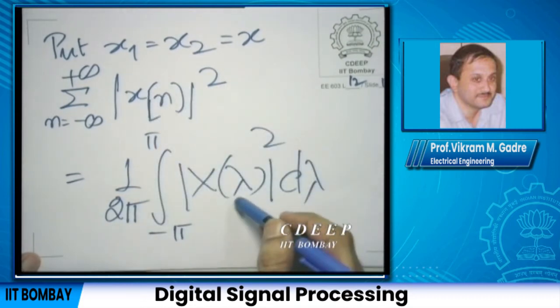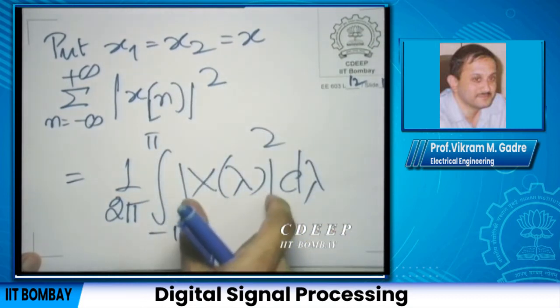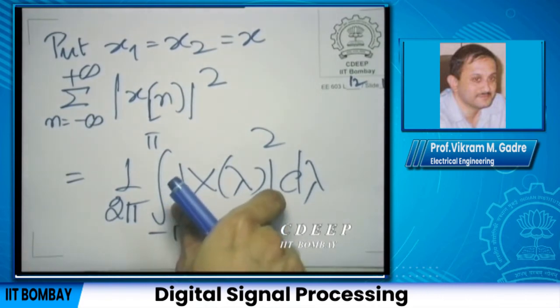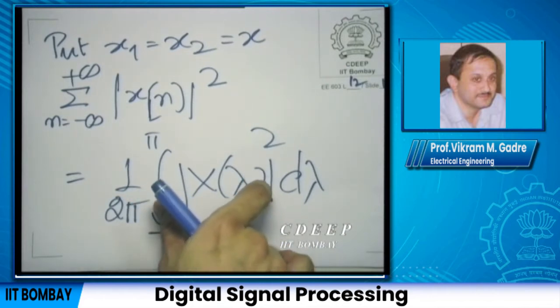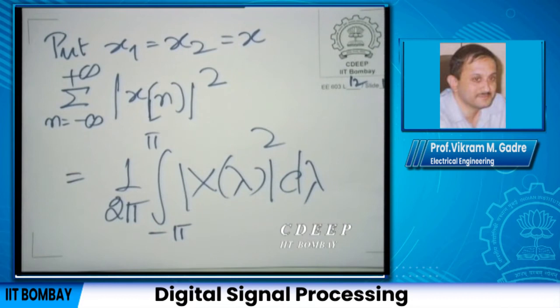And now we also have an interpretation for just the integrand here. The integral, of course, we have interpreted, it is the total energy, but we also have an interpretation for the integrand mod X(lambda) squared. The integrand is the way in which the energy is distributed over the frequency axis. So, it is called the energy spectral density.